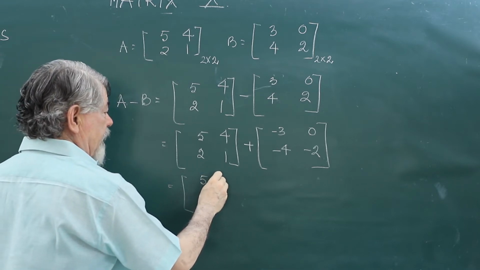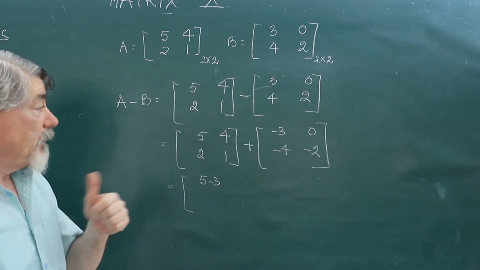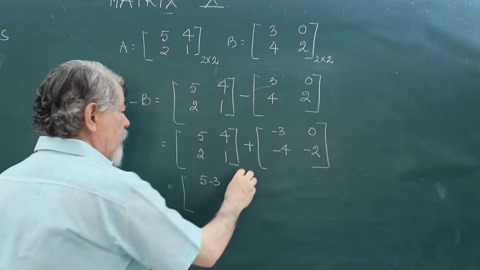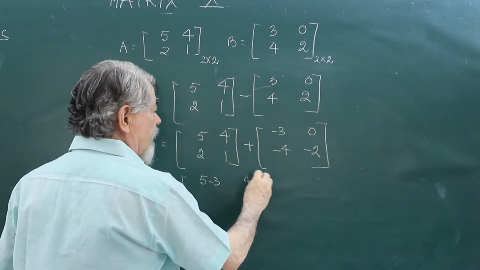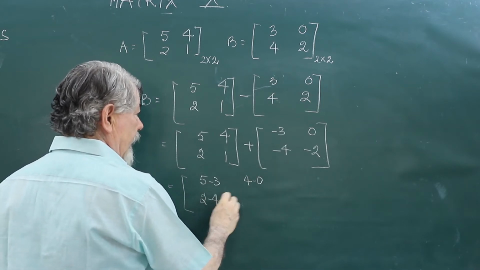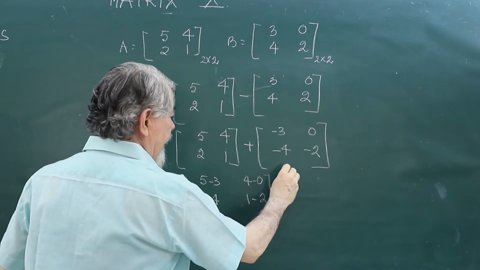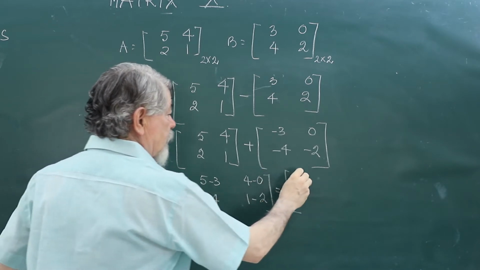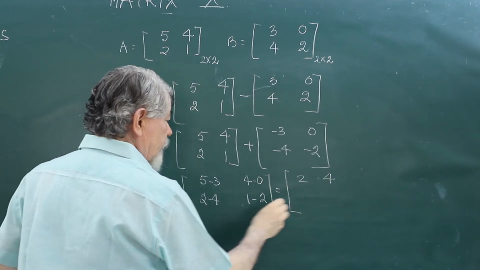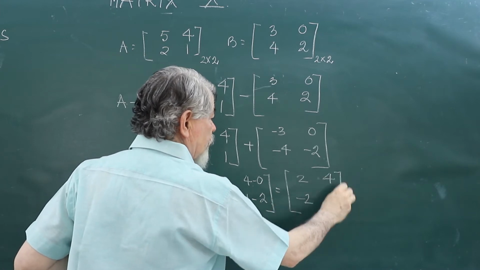Now when we add these two matrices, corresponding elements are added with their signs. 5 minus 3, 4 minus 0, 2 minus 4, and 1 minus 2. So what I get is 5 minus 3 is 2, 4 minus 0 is 4, 2 minus 4 is minus 2, 1 minus 2 is minus 1.